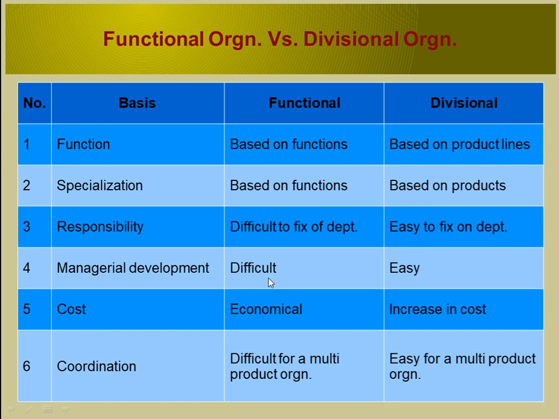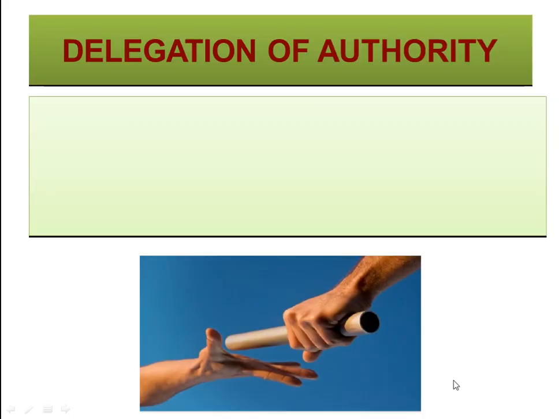Managerial development is difficult in functional structure, but easy in divisional structure. Cost is economic in functional structure, but may increase in divisional structure. Coordination is difficult for a multi-product organization in the functional structure, but easy under the divisional structure.